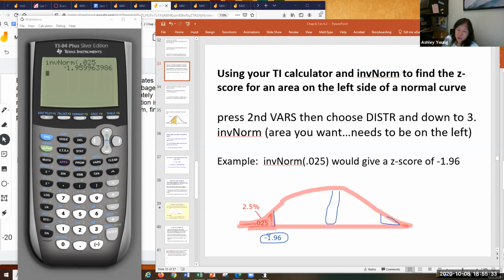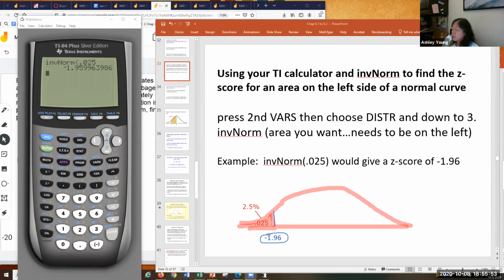You have to have some standard place for it to be. So they've said cumulative is usually the most important thing, so from negative infinity up to here is your area, the 2.5%. That's how you get it.